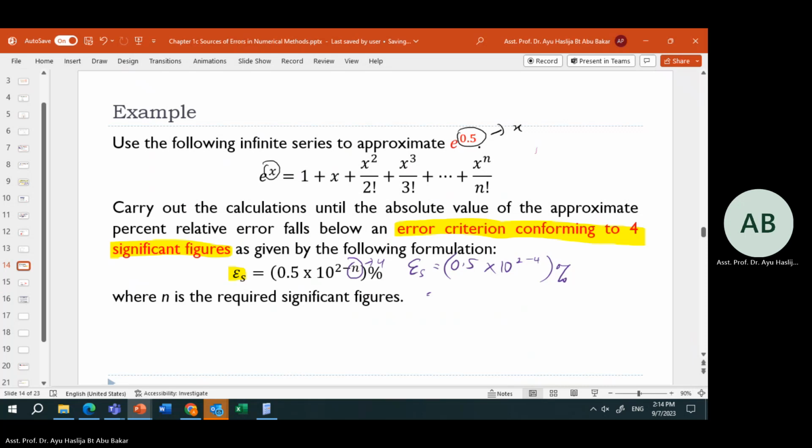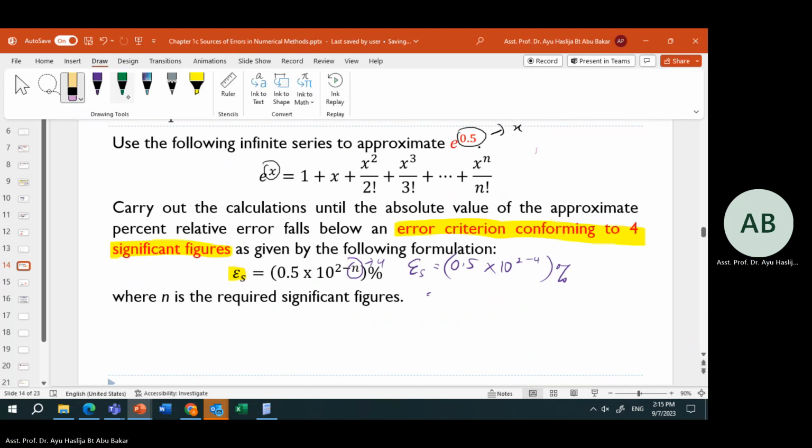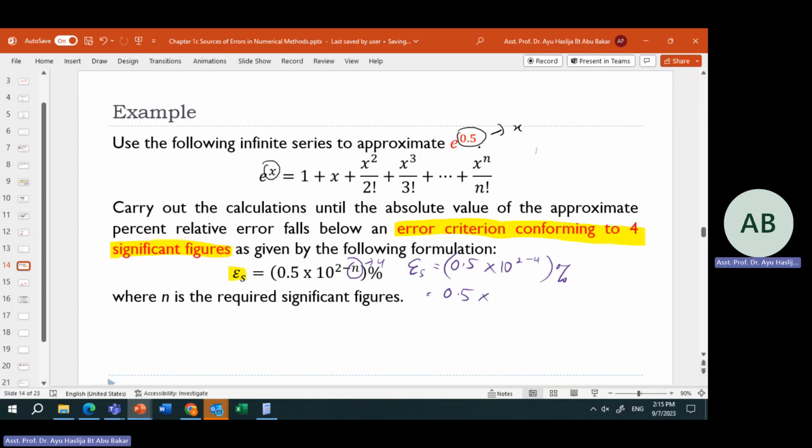What do you get for ES? Here you will get 0.5 power of 2 minus n... so minus 2, so 0.005.